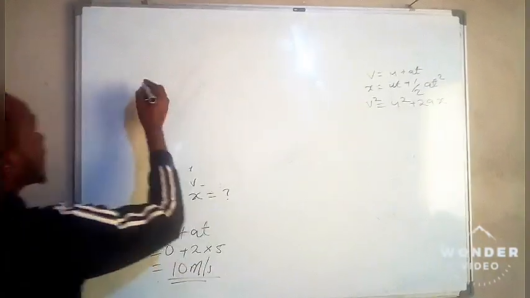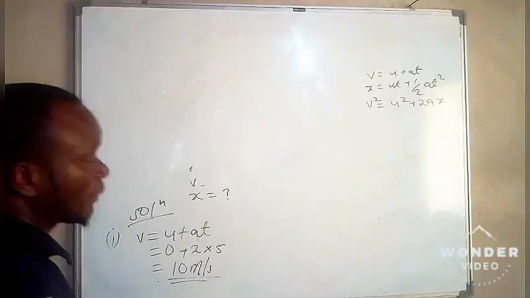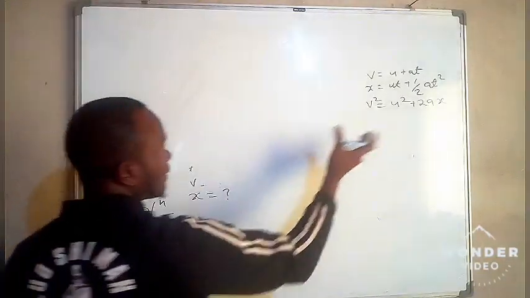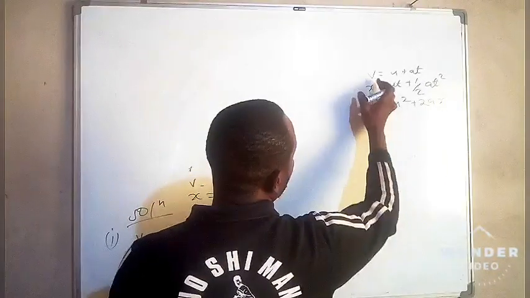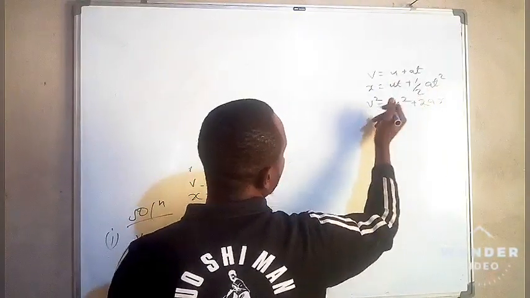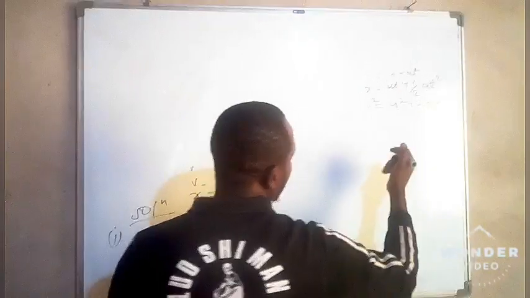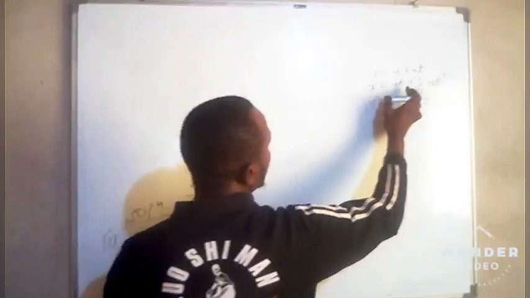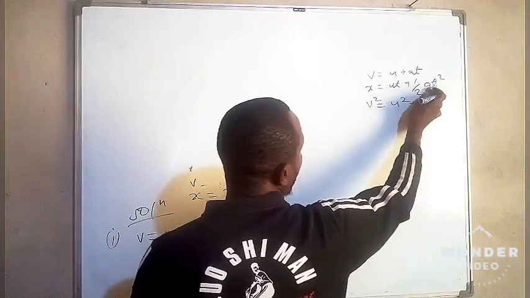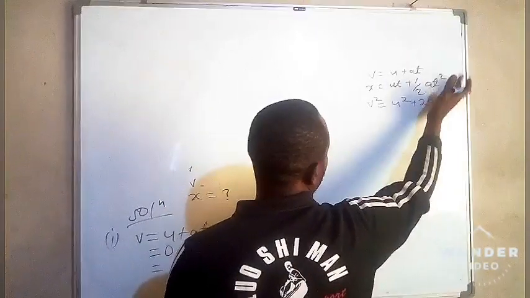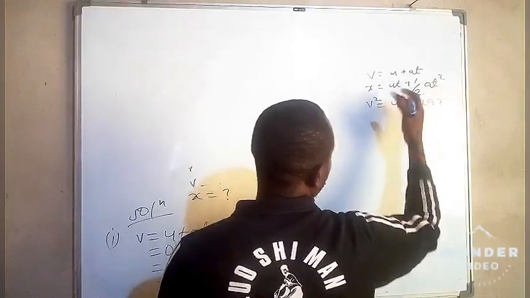We are told to find the distance. Which formula connects speed, time, and distance, or which formula can we use among these? We have v is equal to u plus at, and obviously we cannot use this because we don't have distance. What about the second one? x is equal to ut plus half at squared. We have been given u, t, and a.